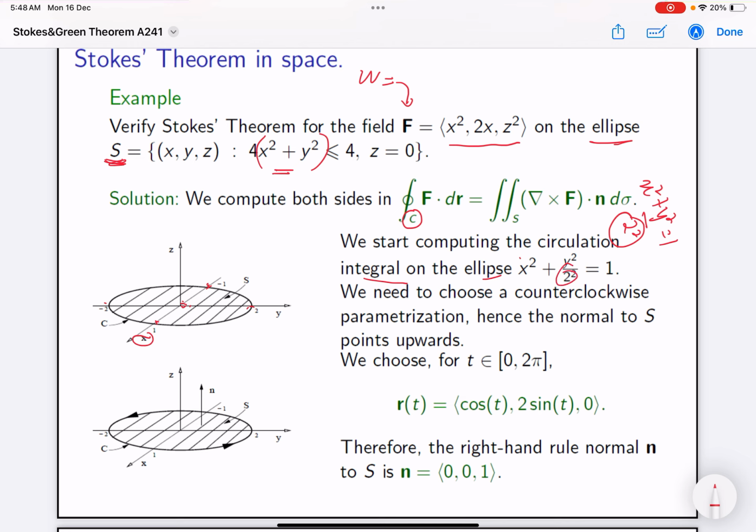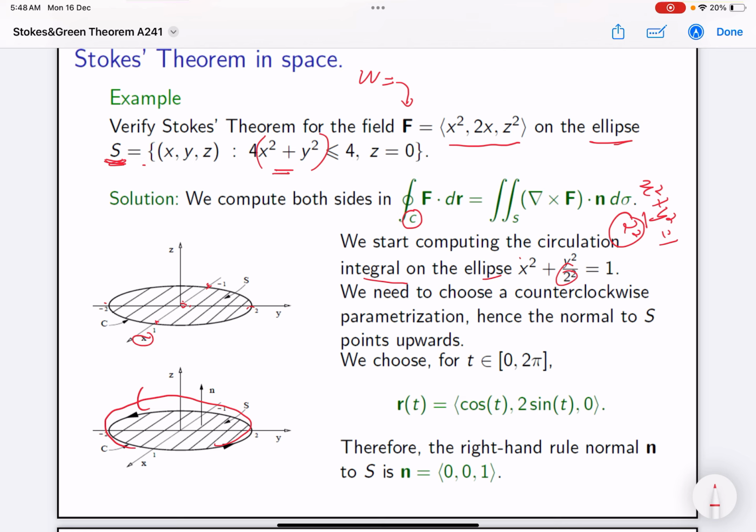So we need to choose the counterclockwise parameterization, hence the normal to S points outward. The normal is given in the positive direction. Because of the positive direction, the direction of the ellipse by the right hand rule is anti-clockwise, or counterclockwise.